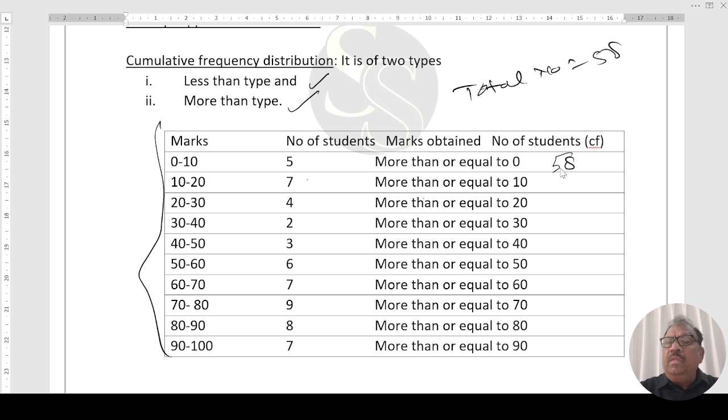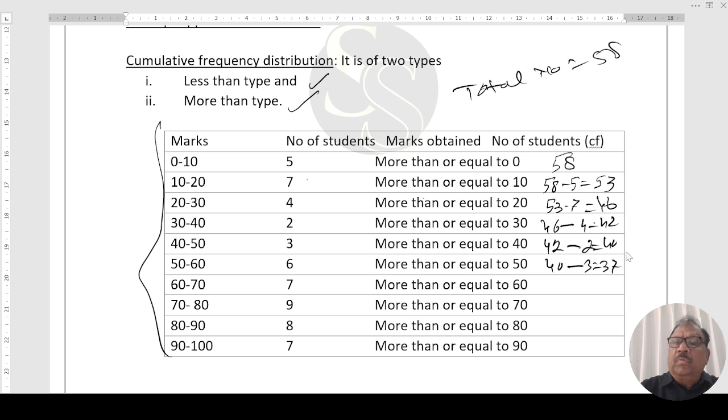58. Then 58 minus 5, 53. 53 minus 7, that is 46. 46 minus 4, 42. 42 minus 2, that is 40. 40 minus 3, that is 37.